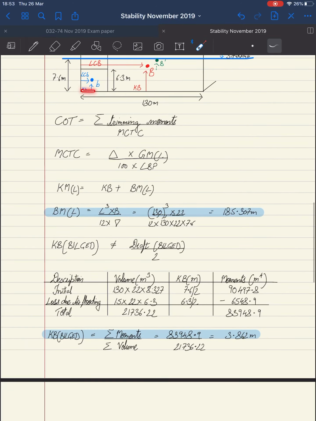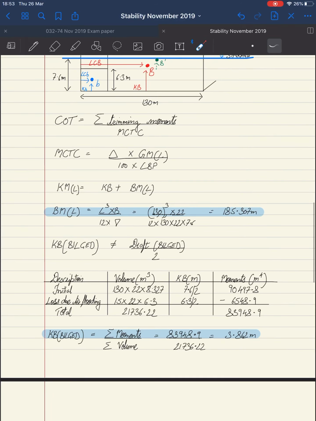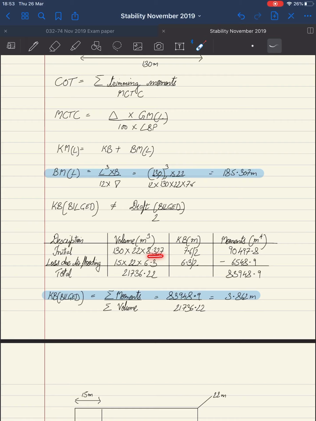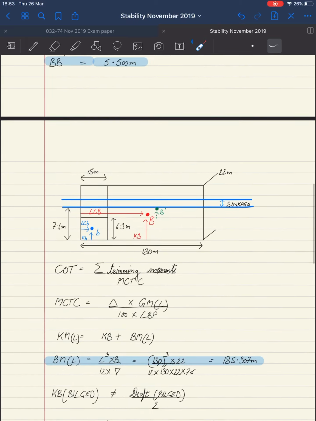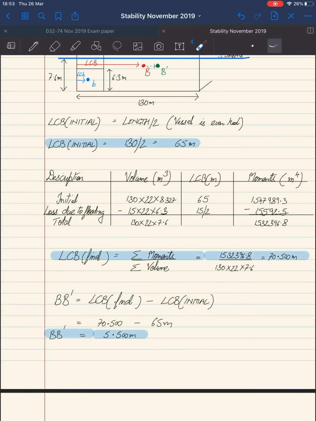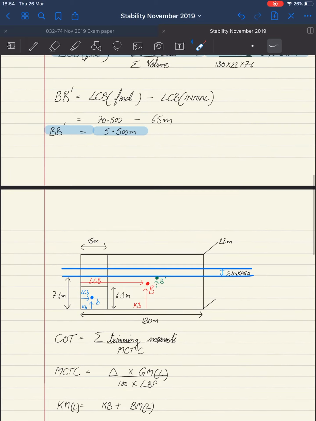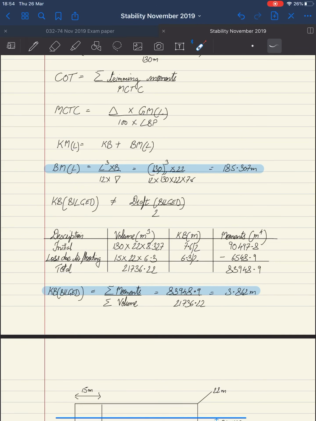Now, as we did with respect to the longitudinal extent, where we found that LCB is equal to half the total length of the vessel, in the same way the KB initial would be half of the initial draft of the vessel.